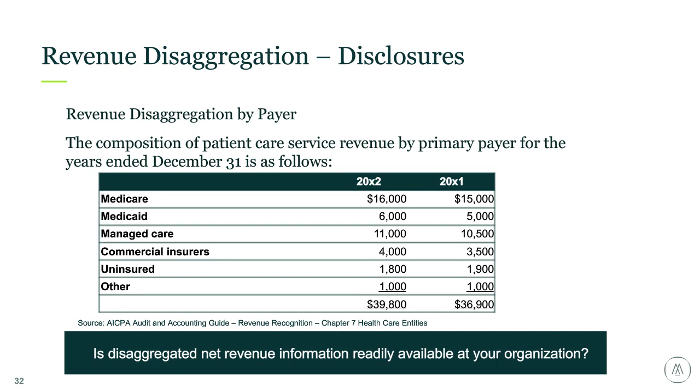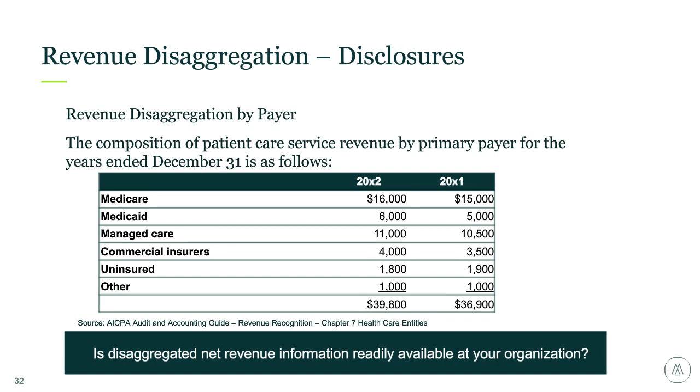For revenue disaggregation by payer, keep in mind that under the new standard, this would be under net revenue. And a lot of times organizations track gross revenue by payer, so you'll want to think about if the disaggregated net revenue information is available at your organization. And also think about at what level the revenue disaggregation by payer is most appropriate at.